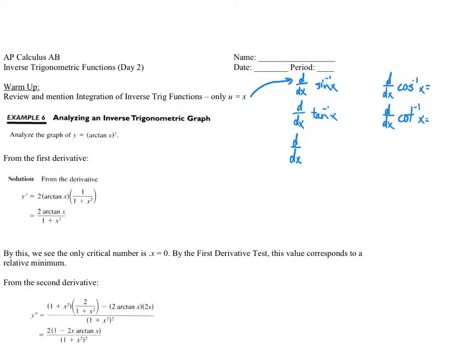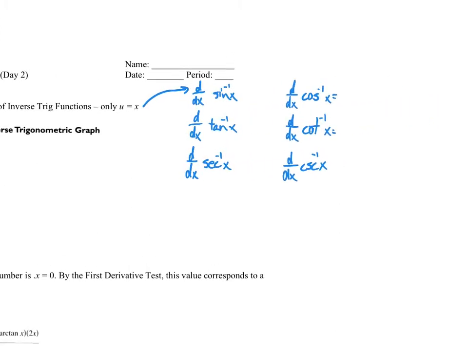And then we have the derivative of arc secant, and we have the derivative of arc cosecant. And remember, it's useful to remember them in these pairs, because if you know the derivative of arc sine, then how is the arc cosine's derivative related? It's just the negative.